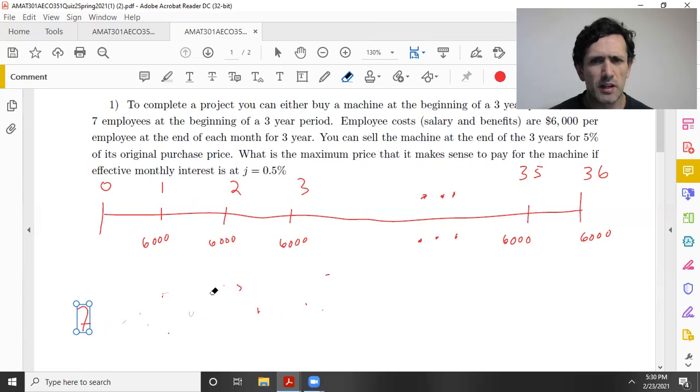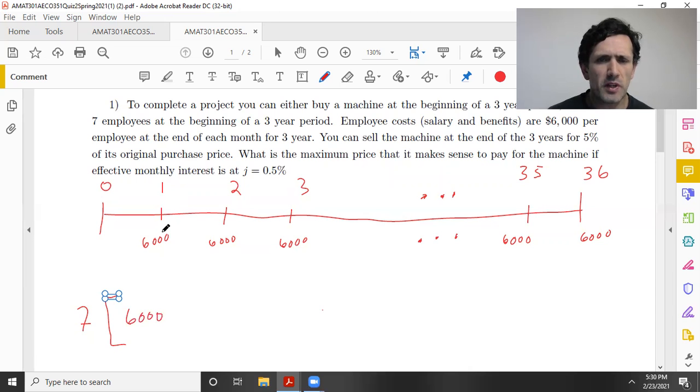I'm not going to do this using present value, but as I said, I'm more than happy if you correctly took the present value of everything. It's a perfectly fine way of doing this problem. So 6,000 earns 36 minus 1, 35 months of interest. Effective monthly interest is 0.5%, so it's 1.005 to the 35.